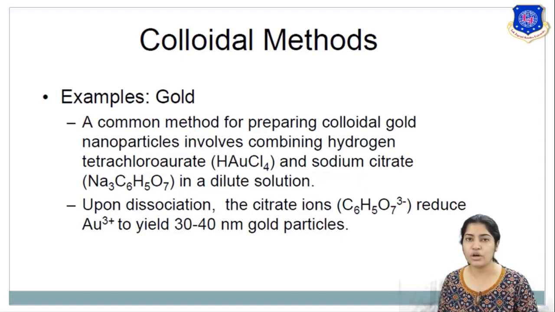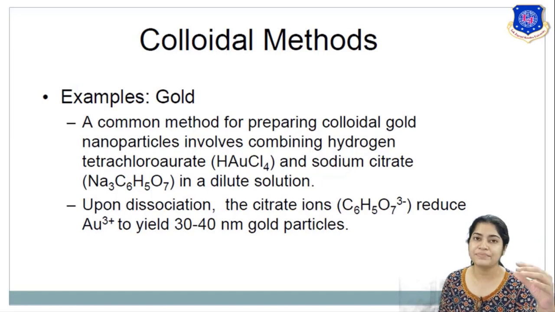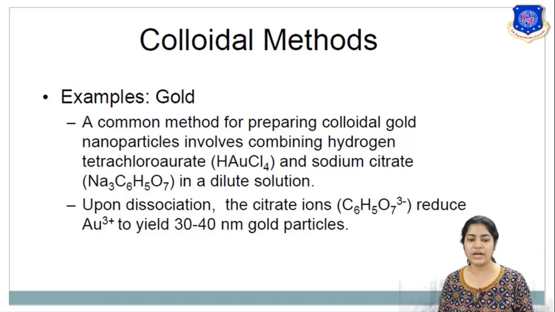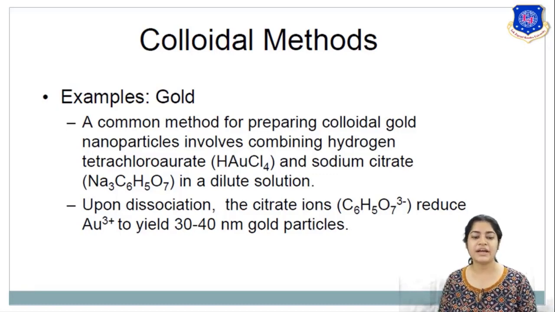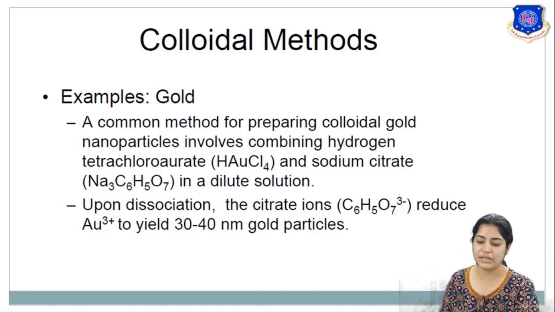You are reacting it with sodium citrate in a dilute solution. So these are inorganic reactants, right? The citrate ions reduce the gold ions to yield 30 to 40 nanometer gold particles. The reaction is what? Dissociation of ions, right? They reduce the gold ions to yield 30 to 40 nanometer gold particles.